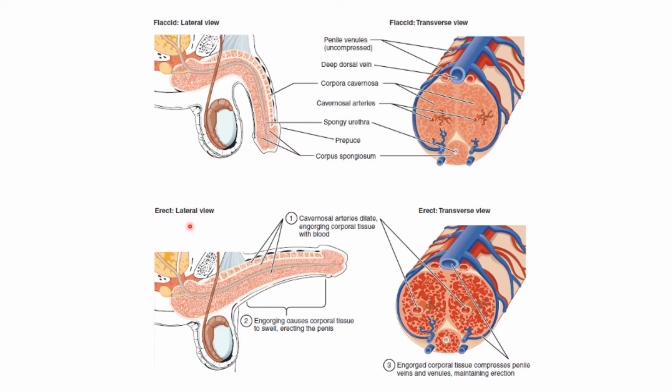But if there's already an erection happening, of course, the cavernosal arteries are flushed with blood. So the cavernosal arteries dilate, engorging corporal tissue with blood. And then, of course, engorging causes corporal tissue to swell, and then erecting the penis. So engorged corporal tissue compresses penile veins and venules, maintaining the erection. Okay.